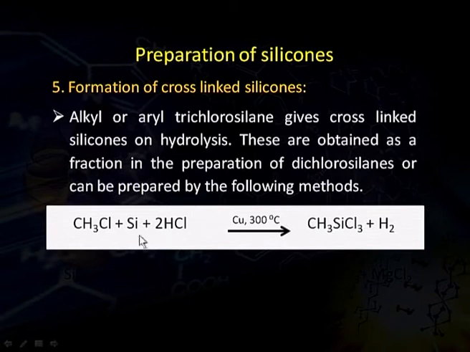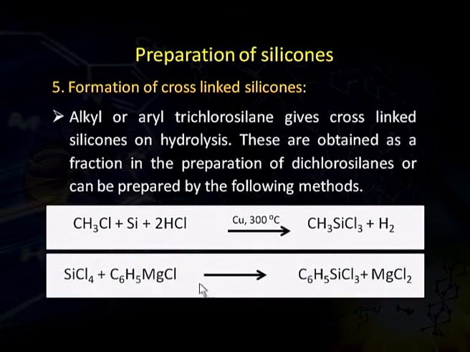For the alkyl silane we have treated chloromethane with silicon and HCl in the presence of copper and high temperature, while for obtaining the aryl silane we have treated trichlorosilane with RMgX, that is the Grignard reagent. Here the R part is the aryl part, it is phenyl magnesium chloride, and we have obtained trichlorophenylsilane.